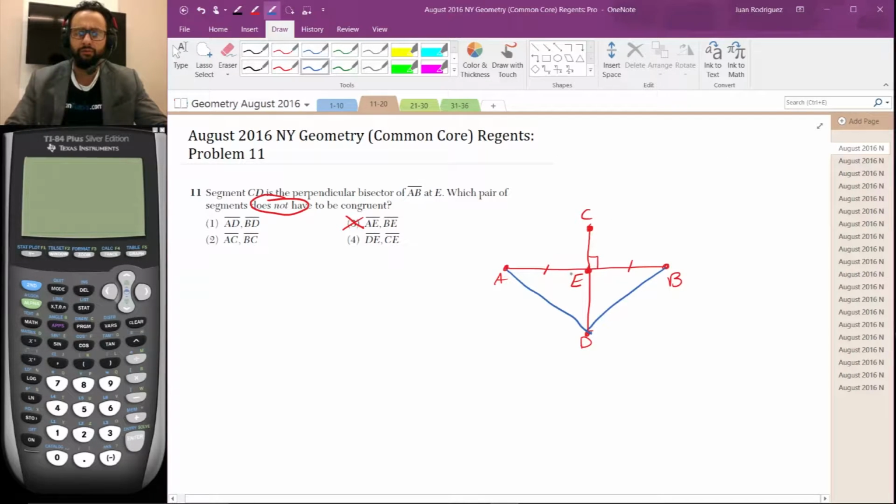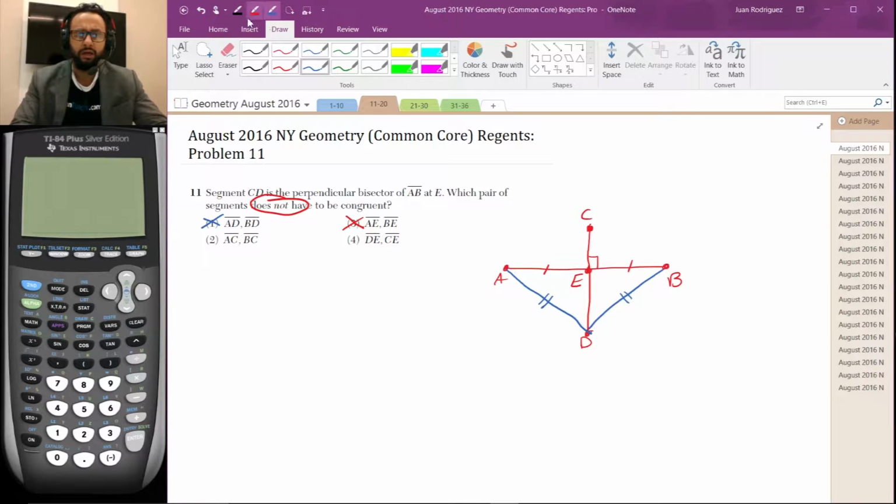Well, if you notice that DEC is the perpendicular bisector of AB, which means that as a part of triangle ADB, DE is both an altitude and a median. So as a result, this triangle is in fact an isosceles triangle, so that this side is congruent to this side. So AD is in fact congruent to BD. So we're going to cross that out.